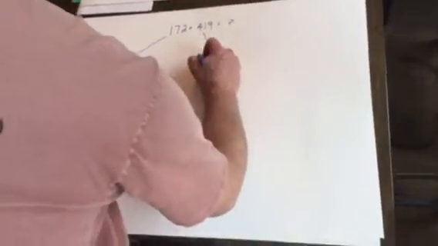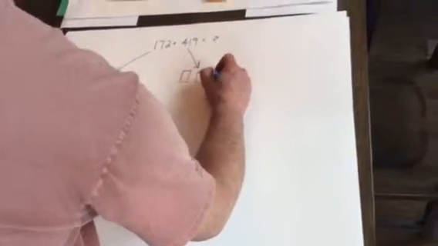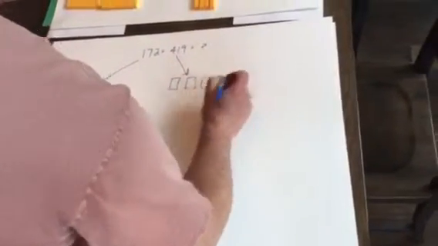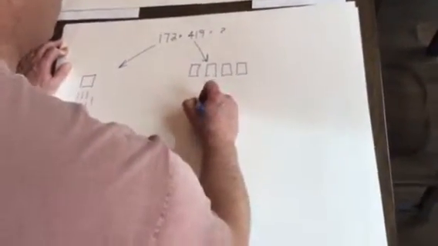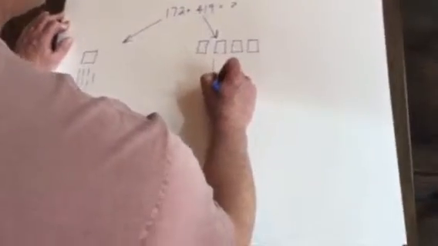And then 419, we have three 400s, one rod, so 110, and then 9 singles.